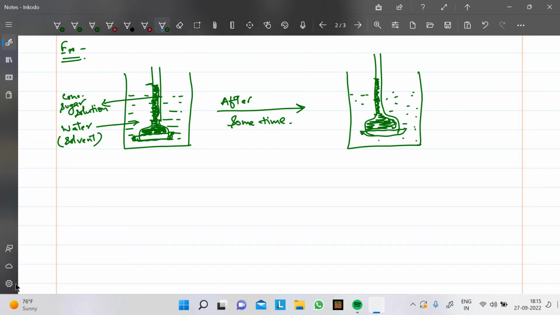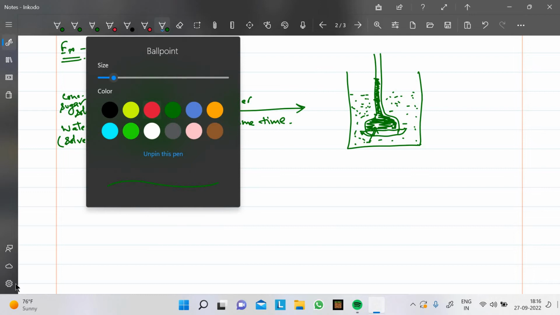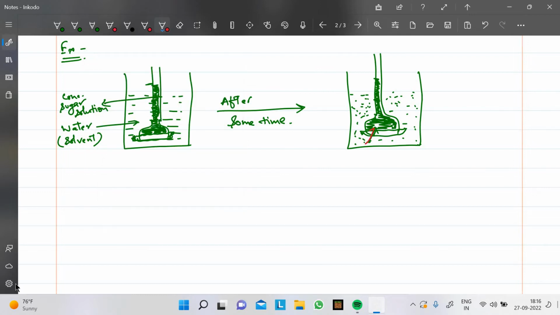Because in the beaker there is pure water, it has high free energy, maximum free energy. And in the funnel there is concentrated sugar solution, or we can say there is a smaller number of water molecules compared to the outside. So water will start to move inside the funnel through this membrane, and the level of sugar solution rises in the funnel.